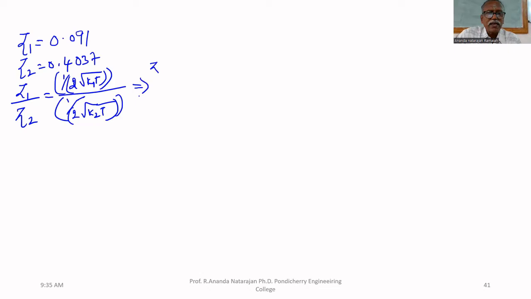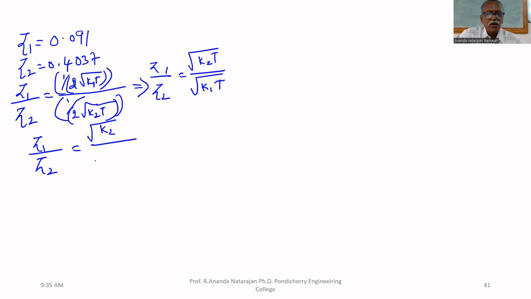Therefore zeta 1 upon zeta 2 equal to square root of k2 t upon square root of k1 t, or zeta 1 by zeta 2 equal to square root of k2 upon square root of k1. Or we can say zeta 1 square upon zeta 2 square equal to k2 upon k1.